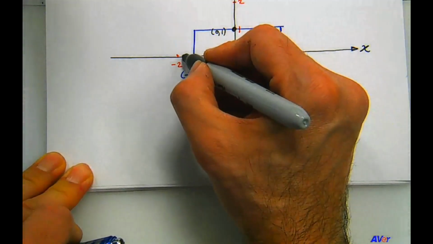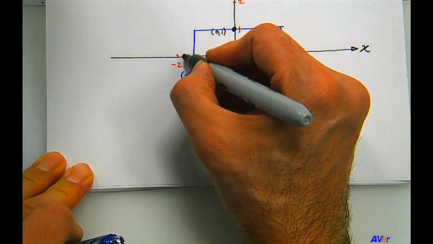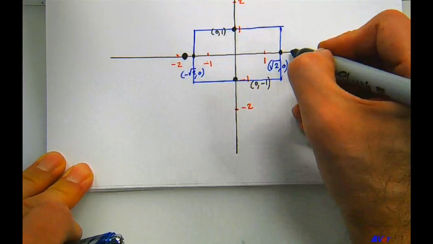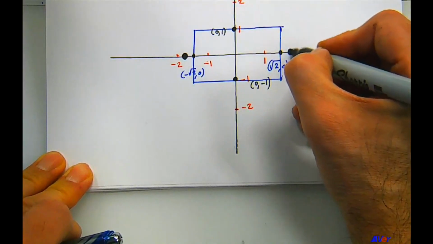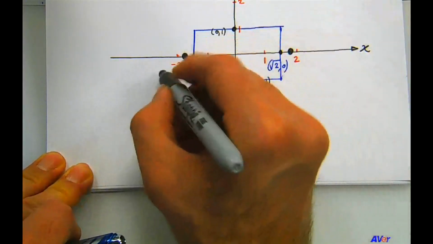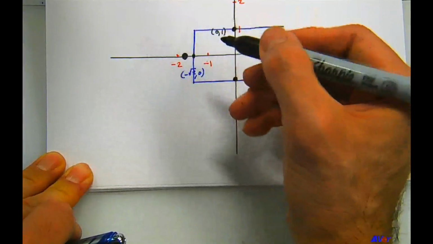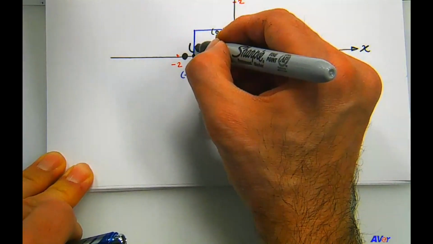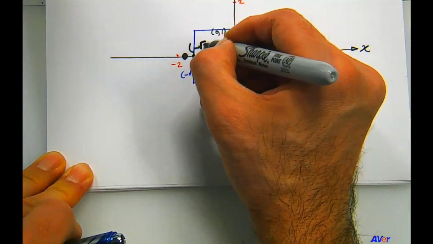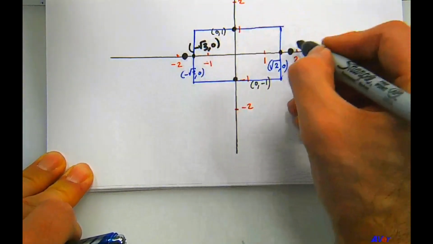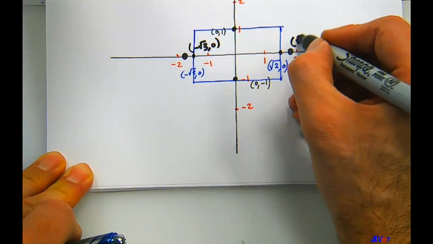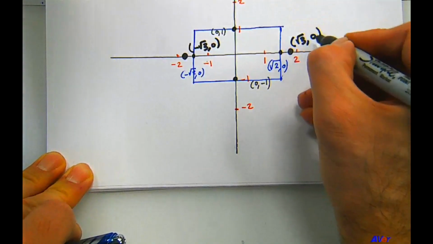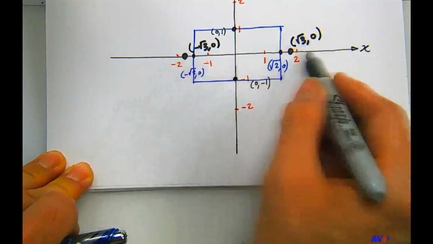So it would be on this side here. I'm going to just plot it here and make another point here. And that, let me write down using the thick marker, is equal to minus square root of 3 comma 0, and this is equal to square root of 3 comma 0. So those are the coordinates of the focal points.